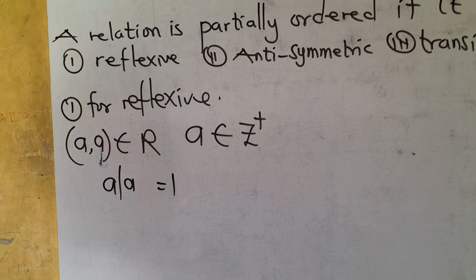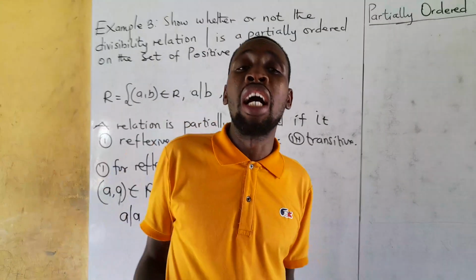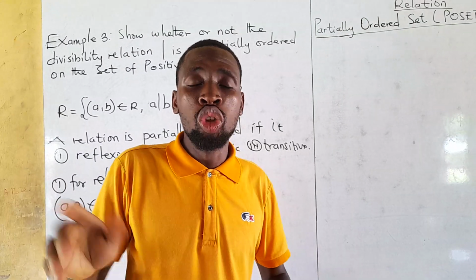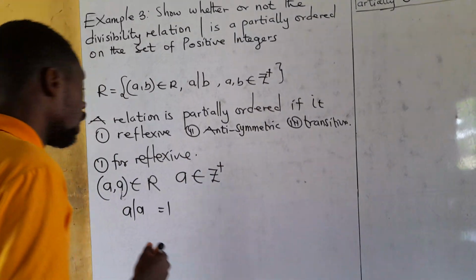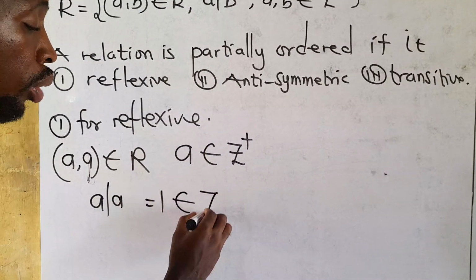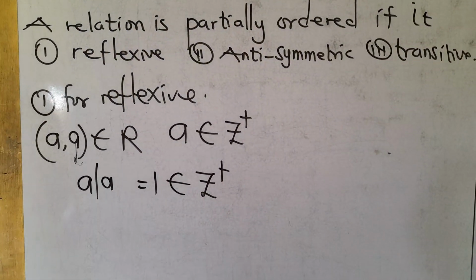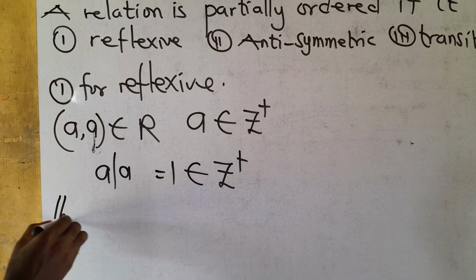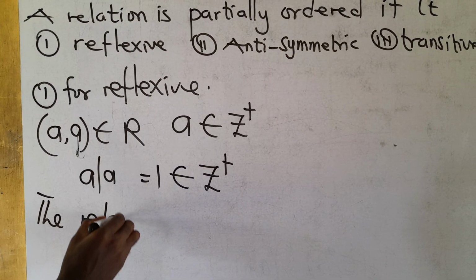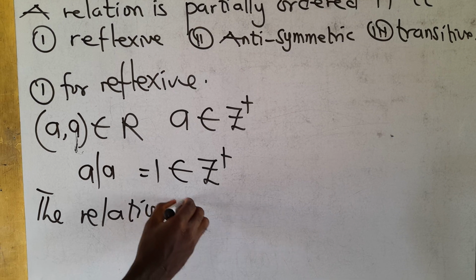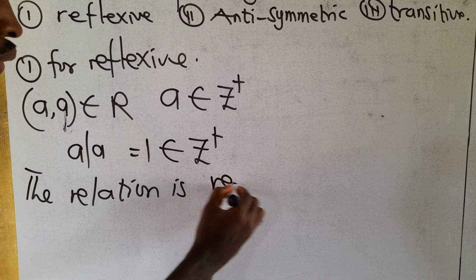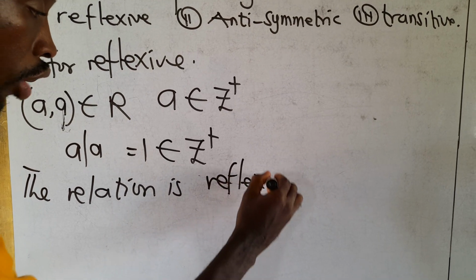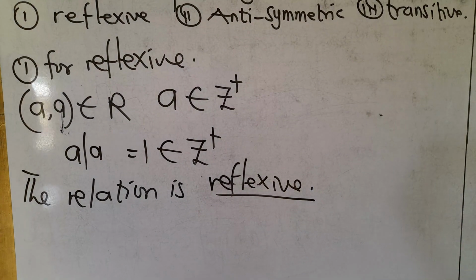Any positive integer divides itself, and the result is 1. 2 divided by 2 is 1. 3 divided by 3 is 1. So we can say this is a positive integer. So the relation is reflexive. I hope you get that. So it satisfies the first condition.